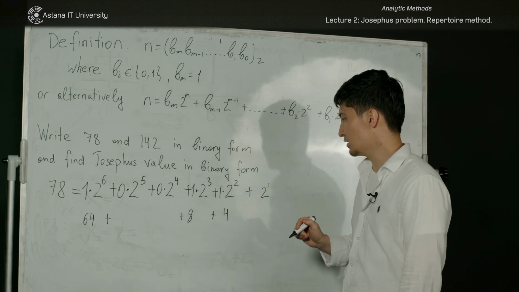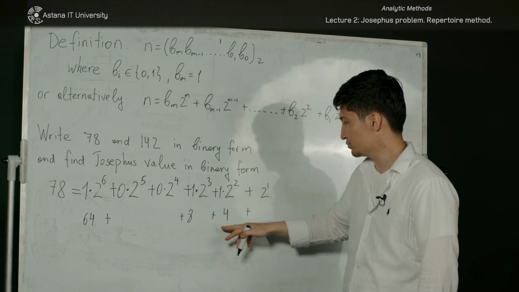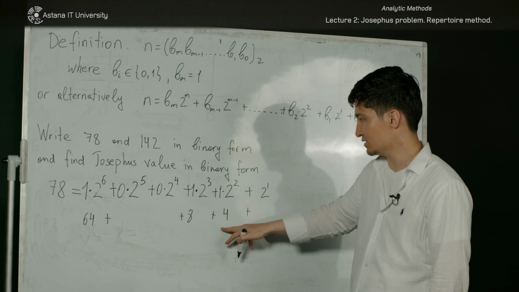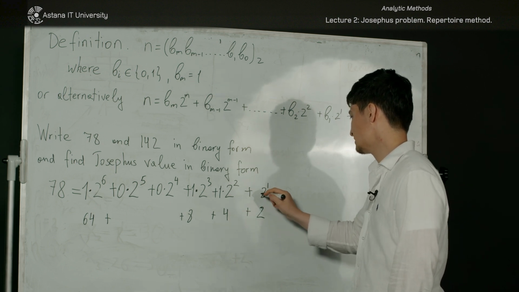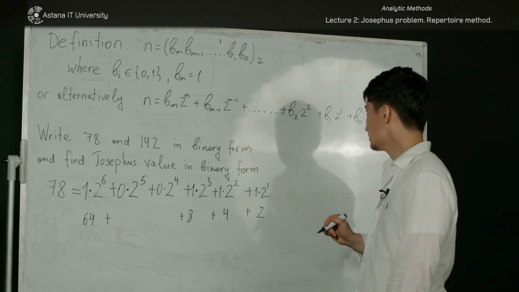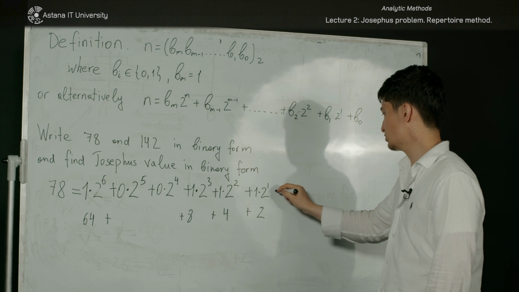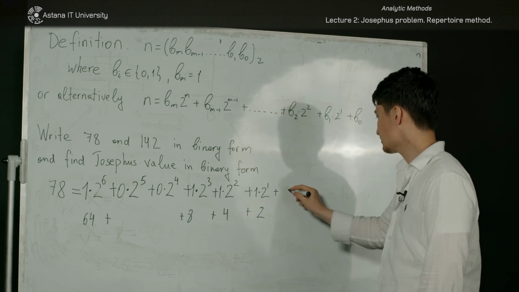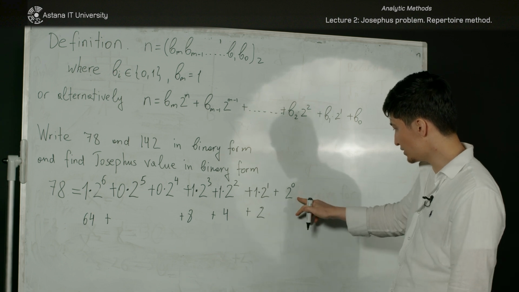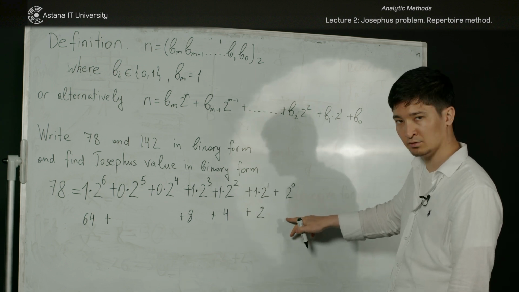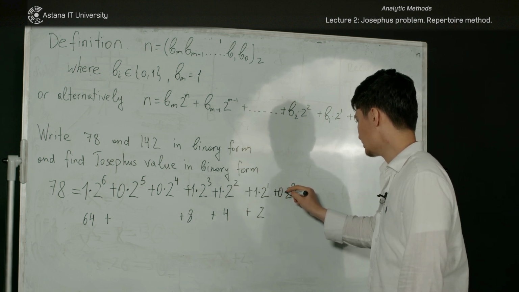I have 72 plus 4, 76, plus 2, 78 exactly. So I will count this one. And at the end, I still have b0, which corresponds to 2 to the power of 0, which is 1. But if I count this one, I'm going to get 79. So I will not count it. I will put 0 over here.